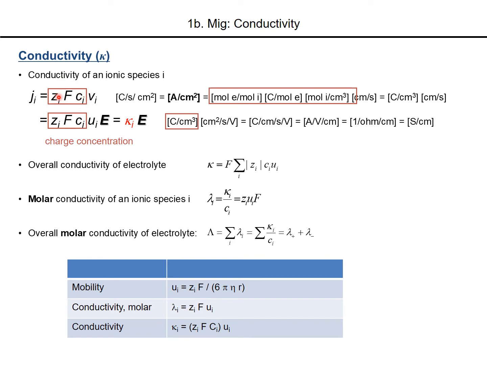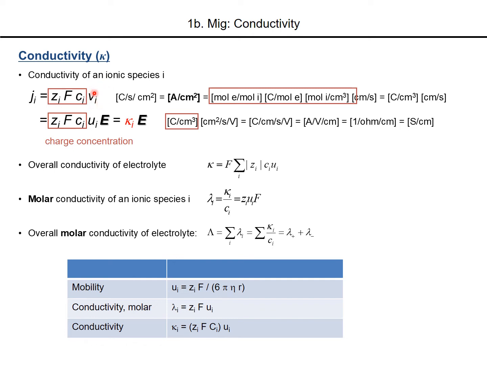That is the charge concentration. Again, the current density is the product of charge concentration or charge density with the velocity of each charge.